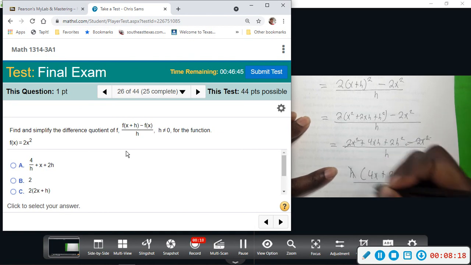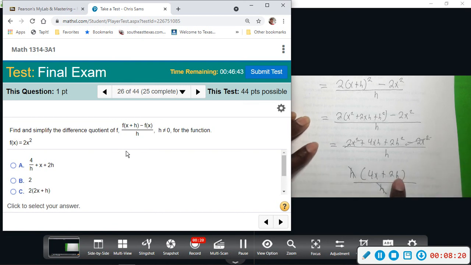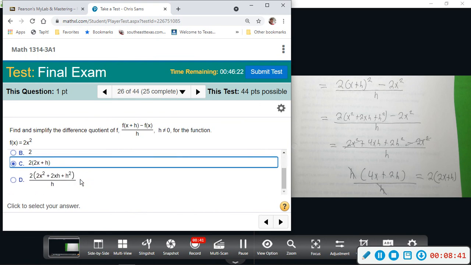And now that h and h will cancel out. And then from here, we can factor out a 2. And so that would give me a 2 on the outside, and then 2x plus h. That's all the way simplified. So the 2 and then the 2x plus h looks like answer choice C. Because you got to simplify all the way.